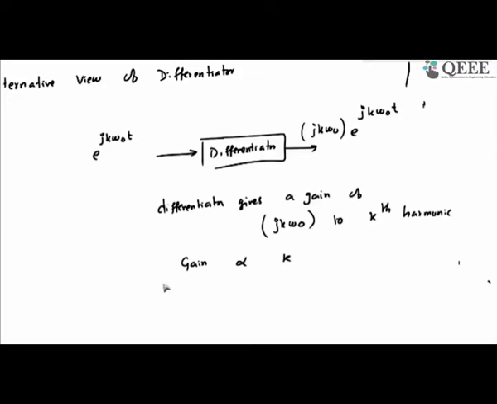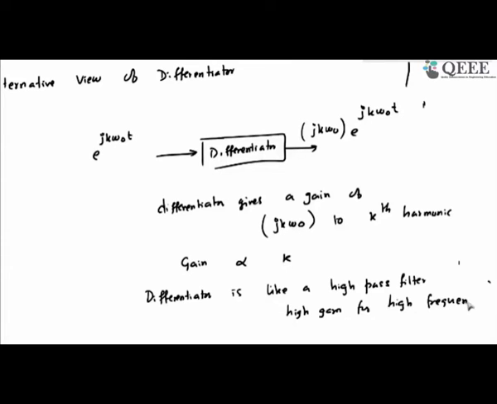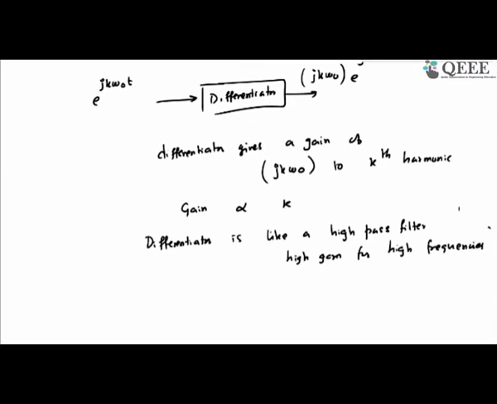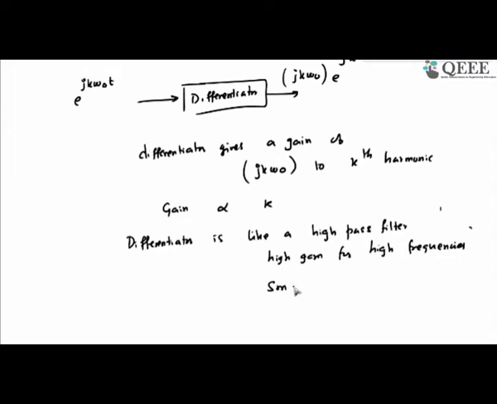So the differentiator is more like a high pass filter: high gain for high frequencies or higher harmonics, small gain for small harmonics or small frequencies.